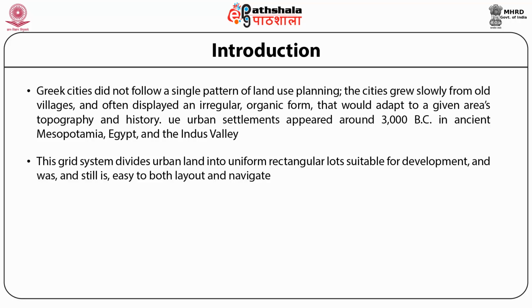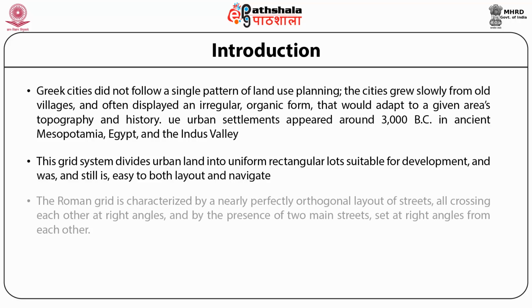One of the most striking extant Roman grid patterns can be found in the ruins of Timgad in modern-day Algeria. The Roman grid is characterized by a nearly perfectly orthogonal layout of streets, all crossing each other at right angles, and by the presence of 2 main streets set at right angles from each other.